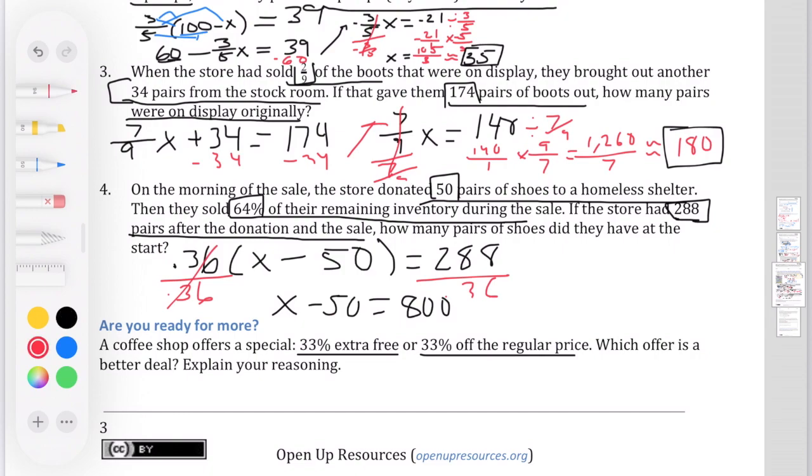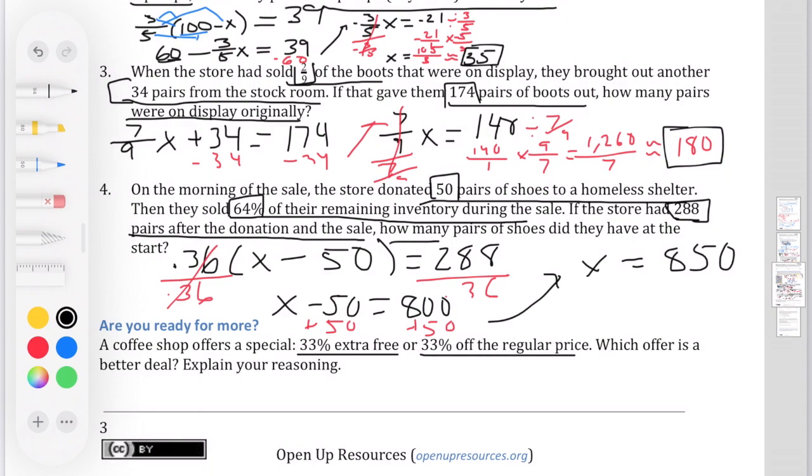Well, the opposite of subtracting 50 is to add 50. So that's before we donated those 50 pairs to the homeless shelter. And we find that x is equal to 850.